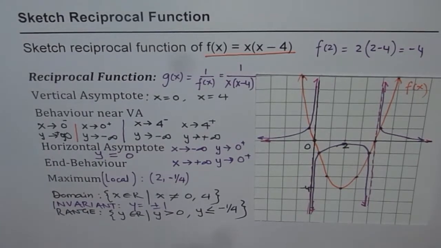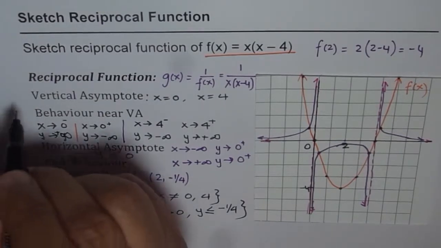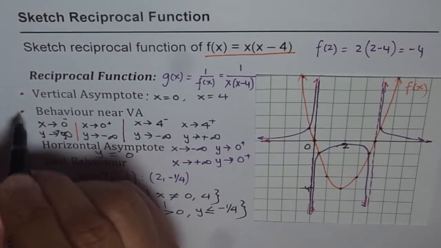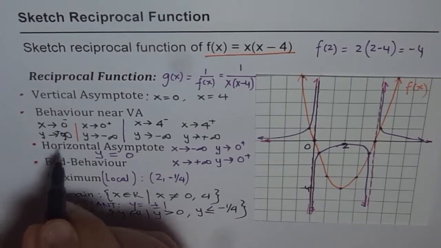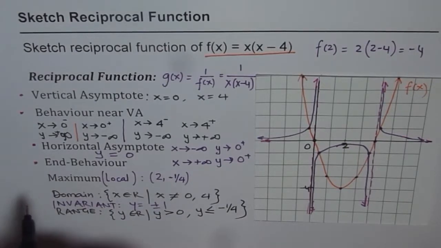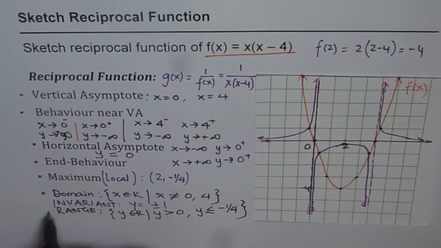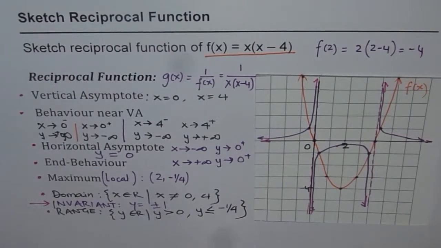So always remember, when you're doing the reciprocal of a function, critical things to mention are vertical asymptotes, behavior near the vertical asymptotes, horizontal asymptotes, end behavior, which is behavior near the horizontal asymptotes, local maximum or minimum if possible, domain and range, and then invariant points, right? These are the points which you can always mark on the graph where y equals plus or minus 1, since the reciprocal of 1 or minus 1 is the same number.